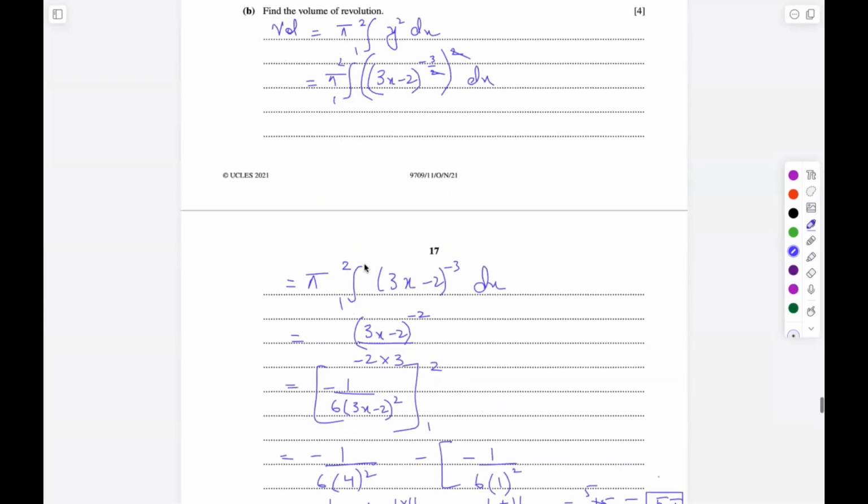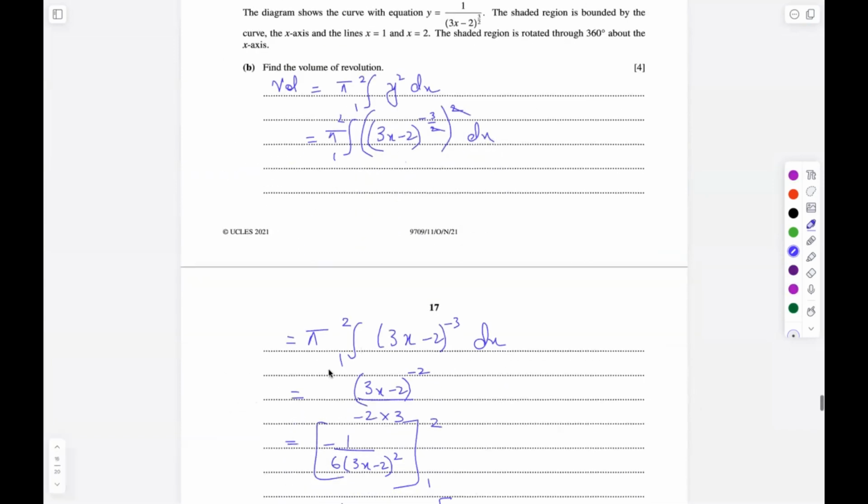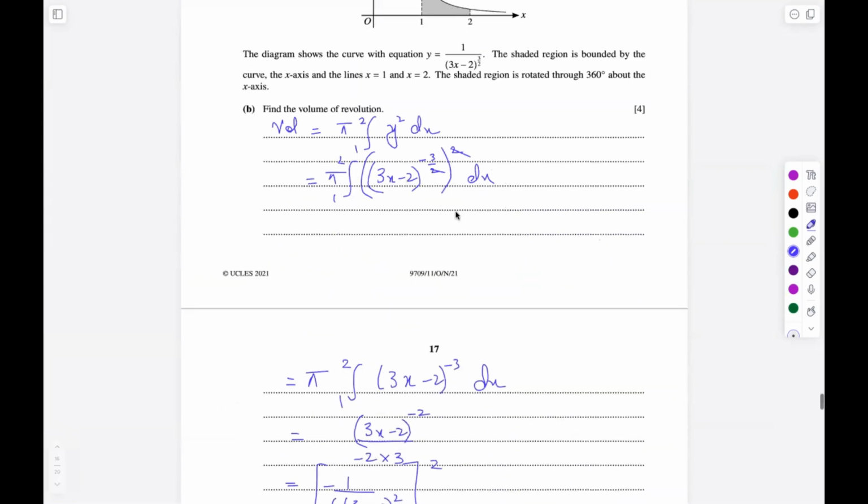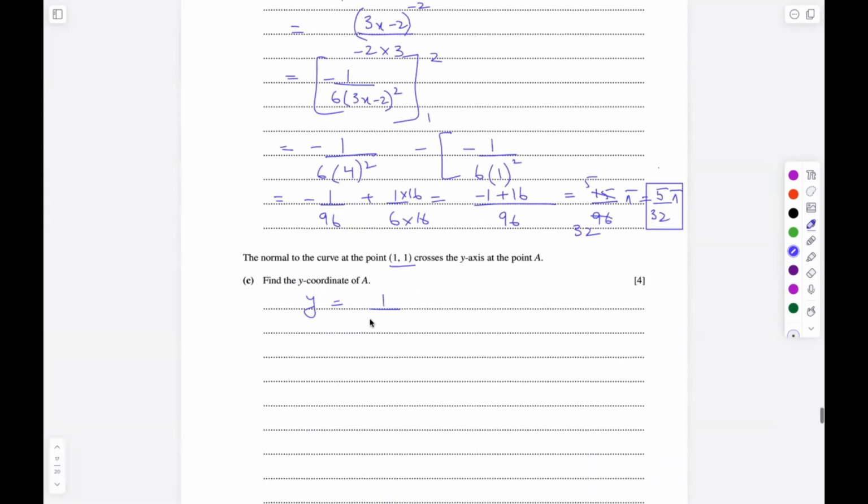So the equation was y equals to 1 upon (3x minus 2) to the power 3 upon 2. Now, before differentiating, we'll bring 3x minus 2 in the numerator. So this will become minus 3 upon 2.